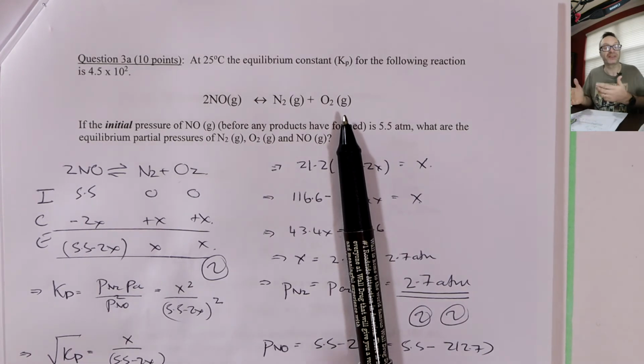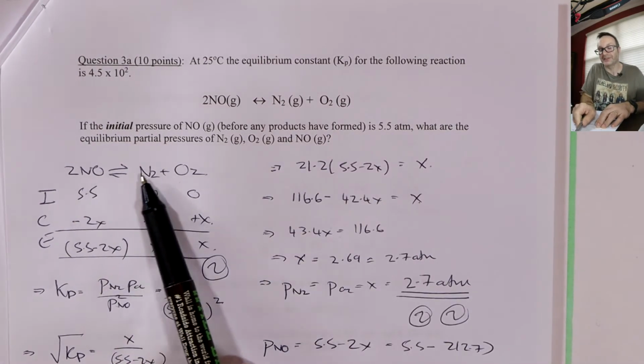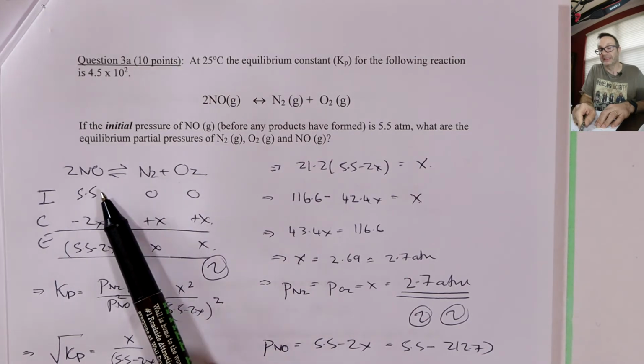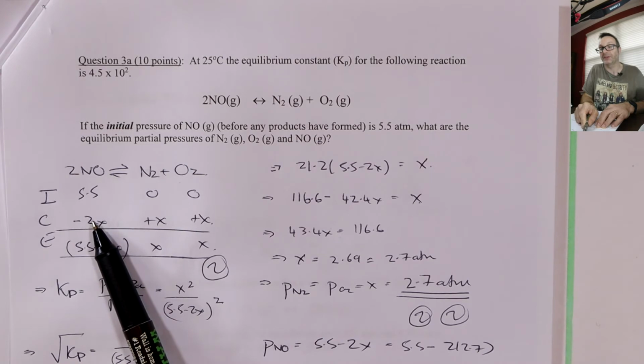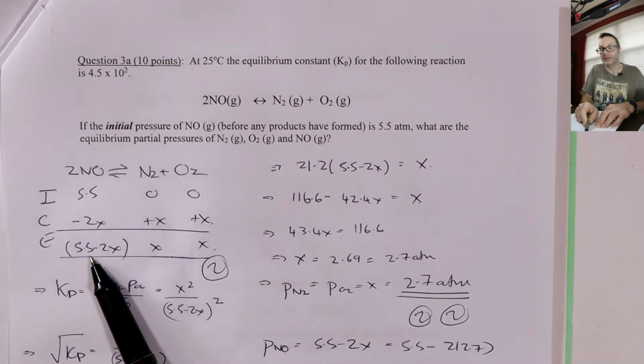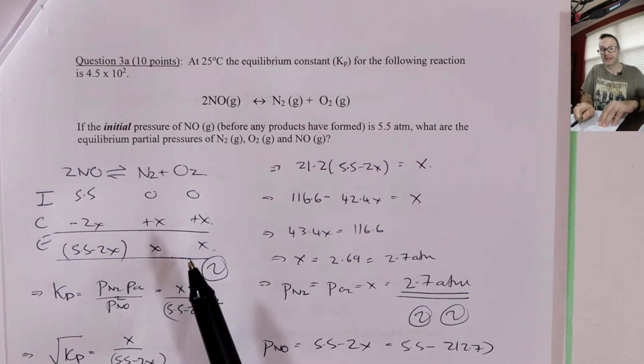There's no need to start converting to Kc. Reactants turn to products. We have 0.5 as an initial, and it's 2, so we lose 2, we gain 1, we gain 1. That's our equilibrium position in terms of algebra.